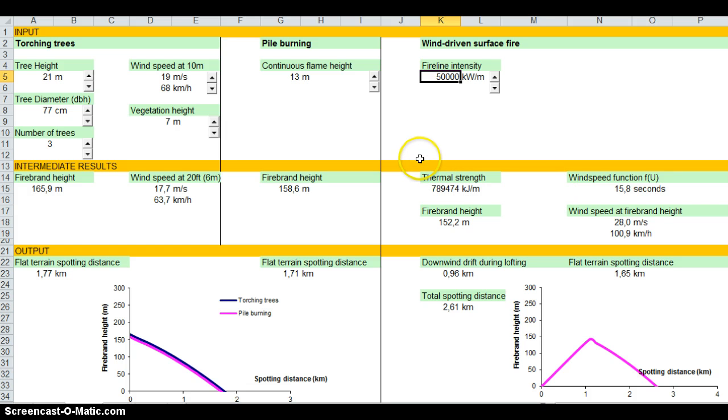So the plan is to work with the spreadsheet and try to get a feeling for the important variables that determine the spotting distance, knowing that spotting distance is a very important characteristic that affects very much the firefighting strategies.